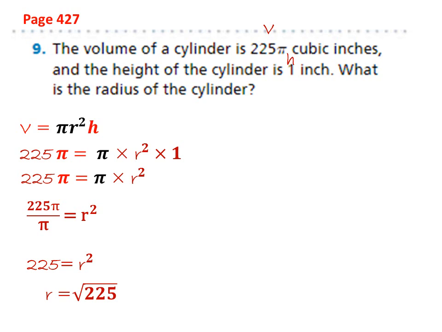Of course, we are using the positive square root here because r is a length and the length must be a positive quantity. What is the positive square root of 225? Yes, it's 15. So the radius length equals 15 inches.